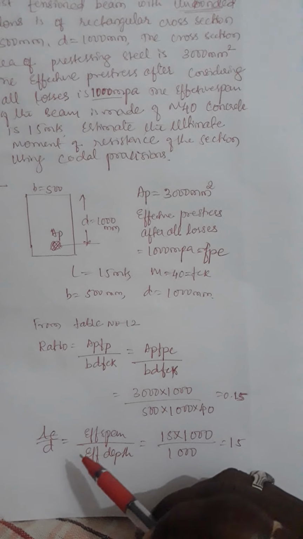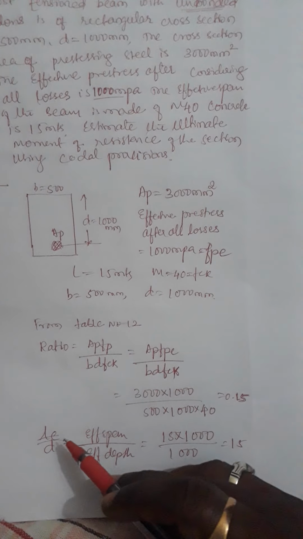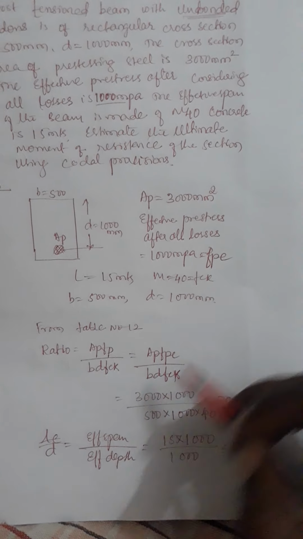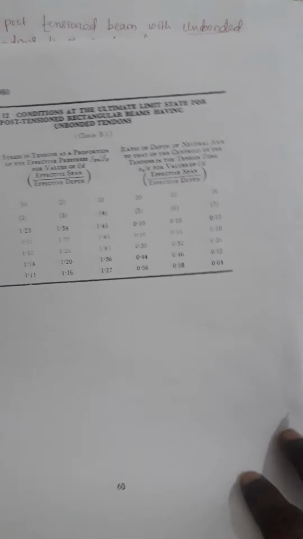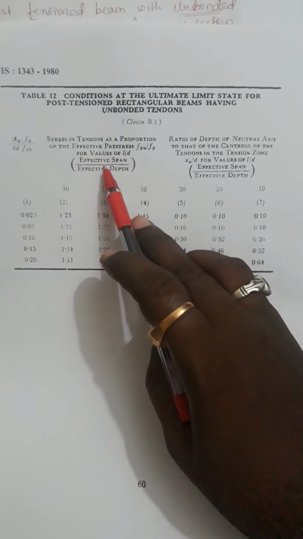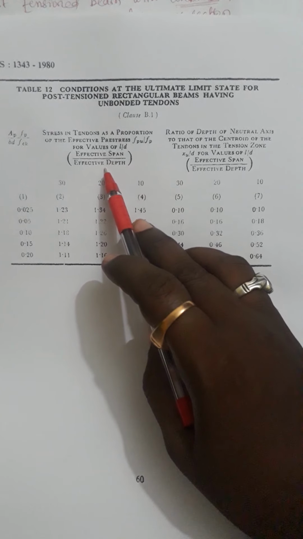Then you have to find L upon D, that is LE upon D, the effective span divided by effective depth. So here it is L upon D, effective span divided by effective depth.